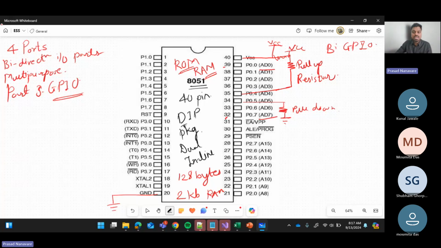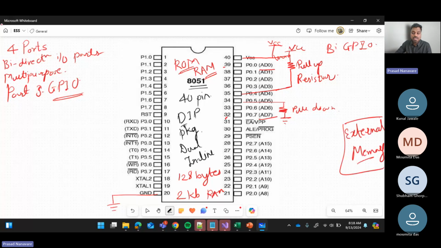So what we do in that case is connect our controller to external memory.